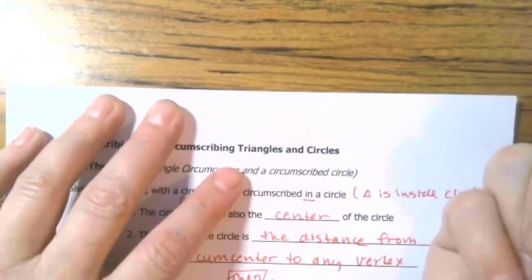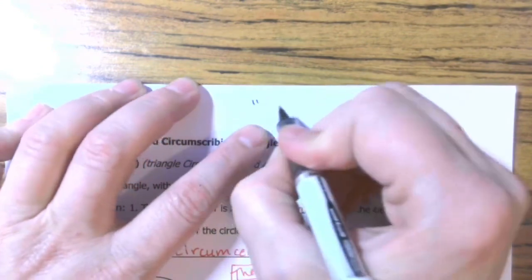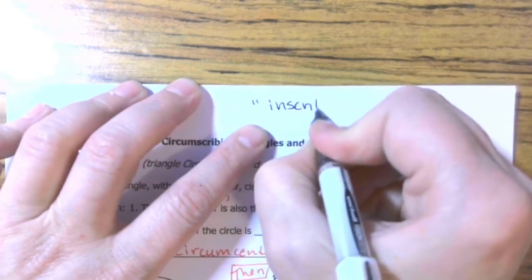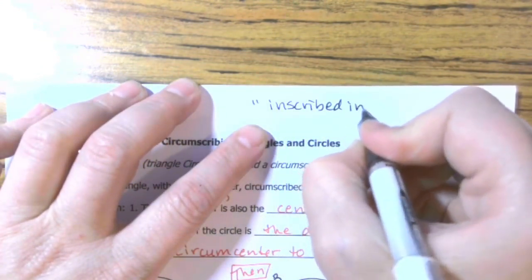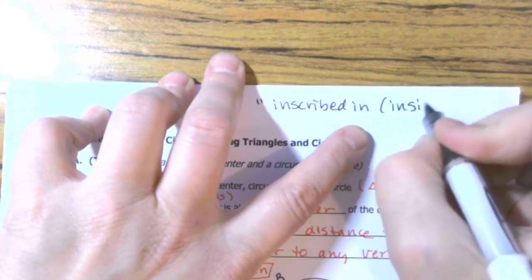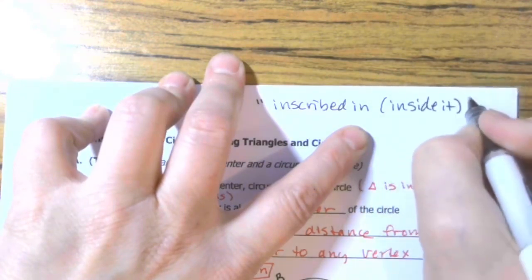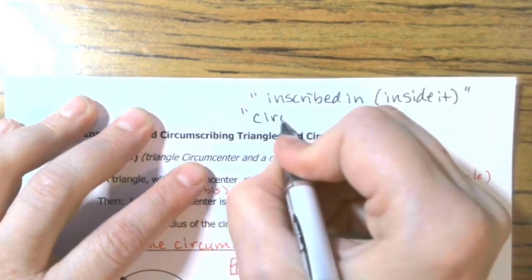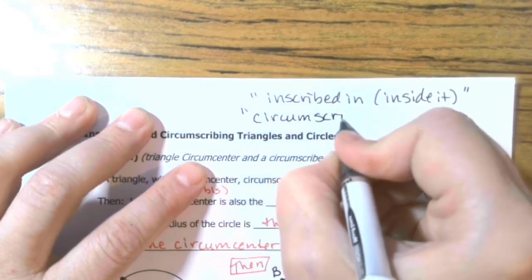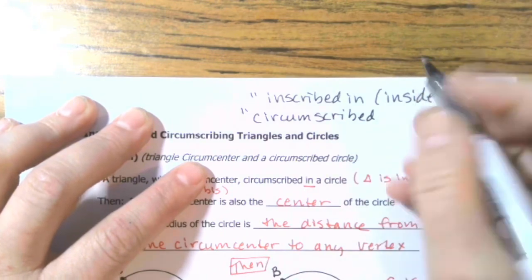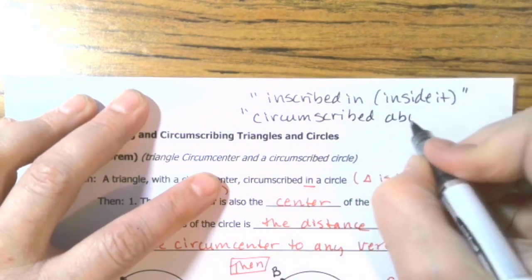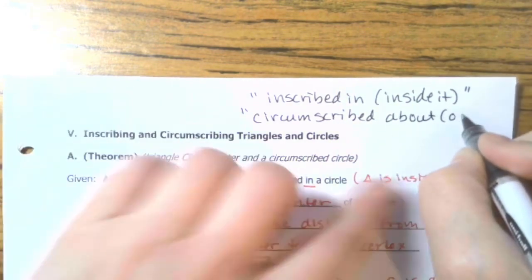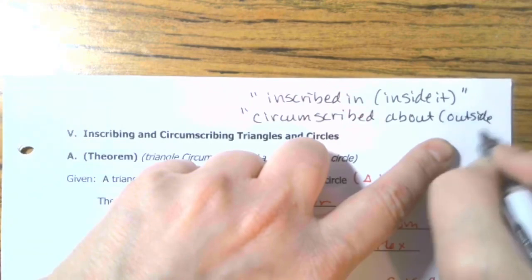So let's go up to the top here. If you say something is inscribed in, it means it's inside it. If you say it is circumscribed about something, it is outside it.